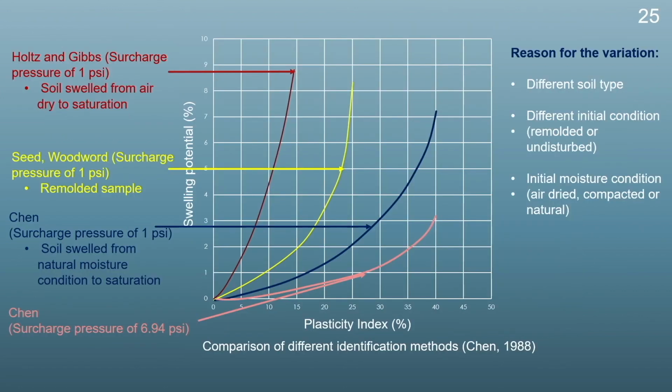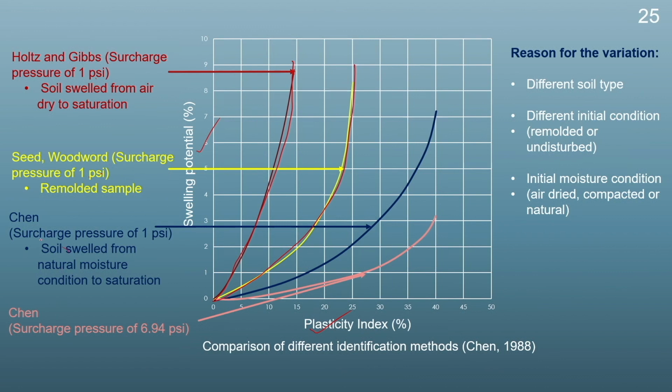Here we can see in this graph, the 4 different methods have been compared. The swelling potential and plasticity index were used. First, this is the Holtz and Gibbs method, which uses a surcharge pressure of 1 psi, and here you can see the curve is here. Similarly, if we take the Seed-Woodward method, which also uses a surcharge pressure of 1 psi, we get a curve like this.